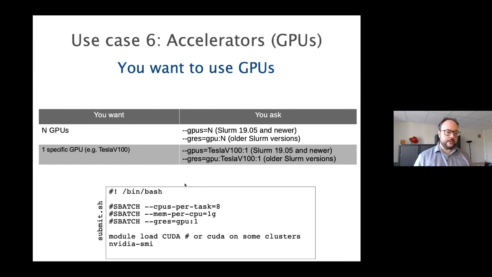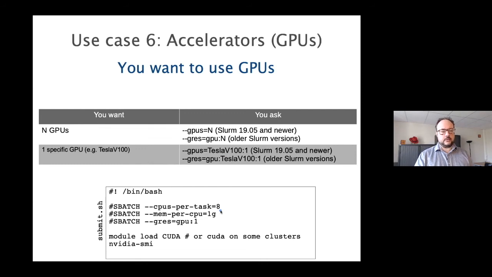So one important thing also is when you request resources for a GPU, even if you need a GPU, make sure to request a certain amount of CPUs for the other parts of the job. If you know exactly how many GPUs you need, then you can request GPUs.